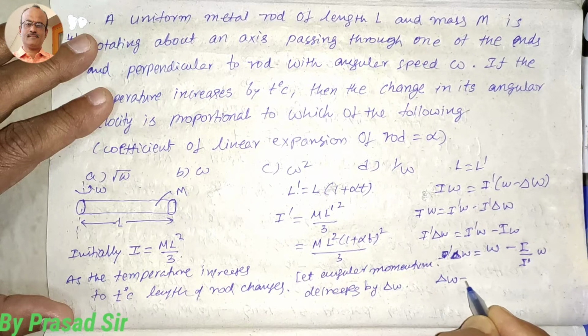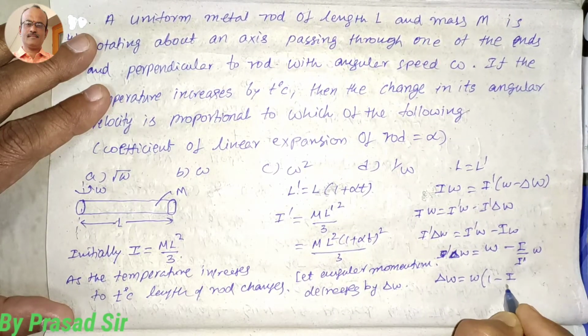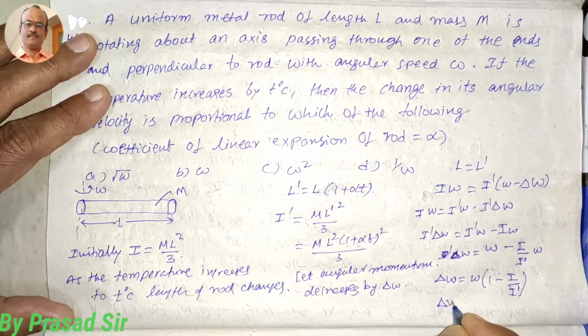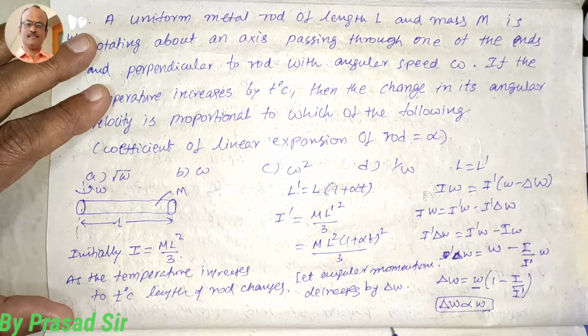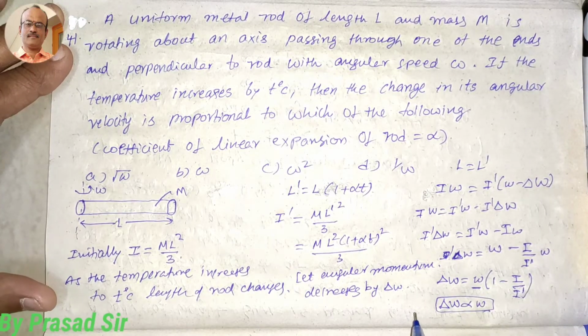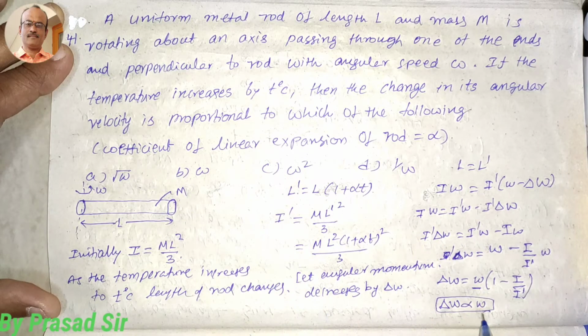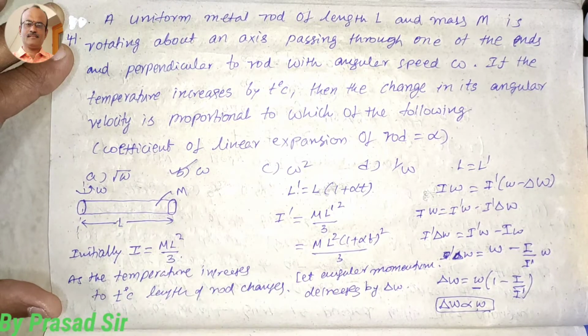That means delta omega is equal to omega common, (1 minus I divided by I dash). Then delta omega is directly proportional to omega. That means the change in angular velocity is proportional to the angular velocity omega. So the option B is correct.